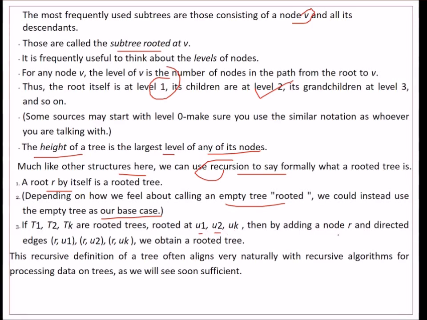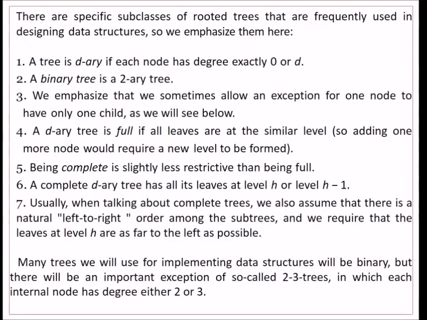Then by adding a node R and directed edges R to U1, R to U2, R to Uk, we obtain a rooted tree. This recursive definition of a tree aligns very naturally with our recursive algorithms for processing data on trees, which we are going to see just now.